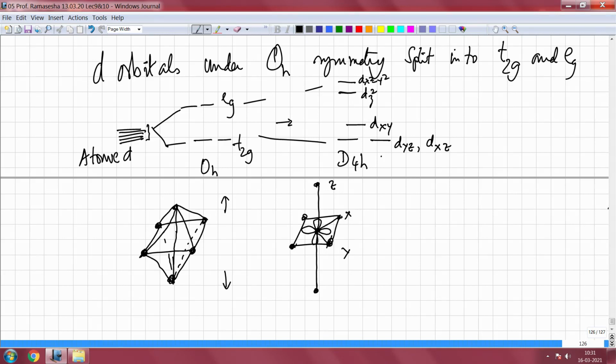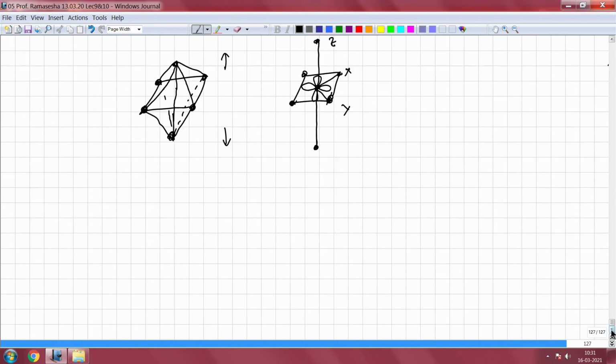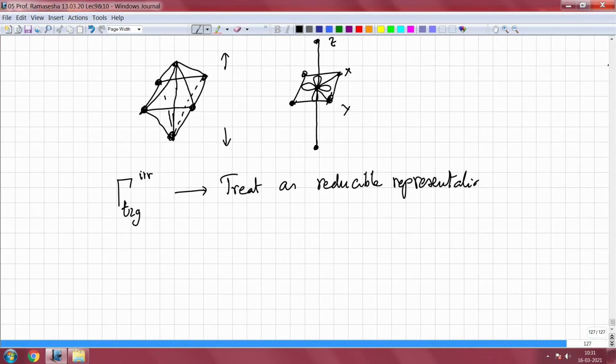Similarly, there should be a splitting of the energy levels. In this case, to understand the splitting we use group theory. In group theory, we take the gamma T2g irreducible representation and treat it as a reducible representation for the D4h group.